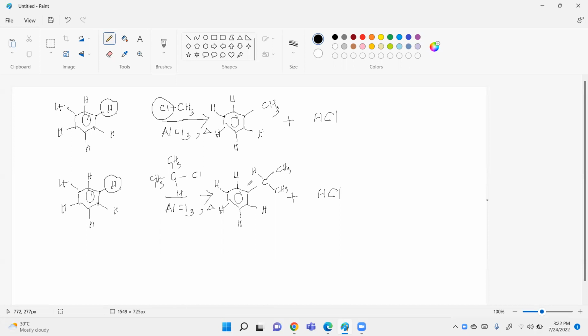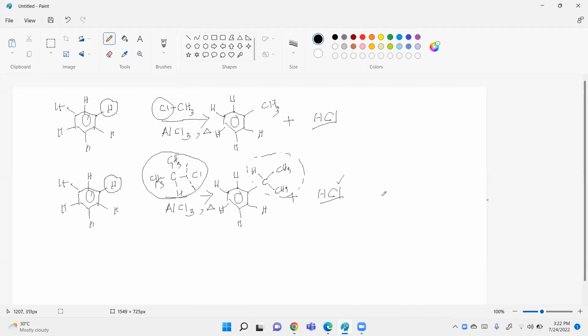And this part is coming from this halogenoalkane substance where the chlorine gets detached. It is here. And from benzene also the hydrogen goes out. It is HCl over here. Always remember, when you want to attach an alkyl group, we have to take a halogenoalkane and then you allow the reaction.